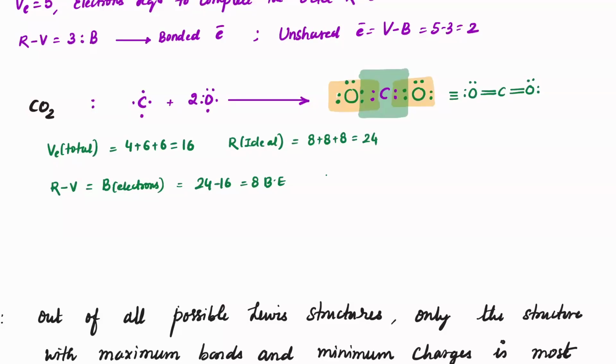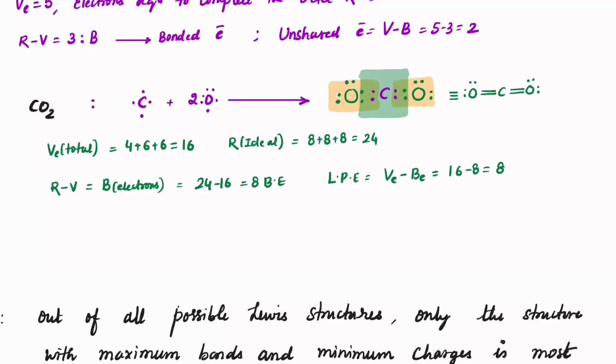And I told you this also: the number of electrons in lone pairs will be total valence electrons minus bonded electrons. So 16 minus 8, which makes it 8 electrons.